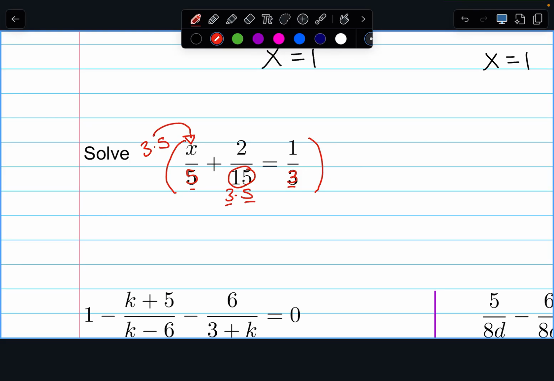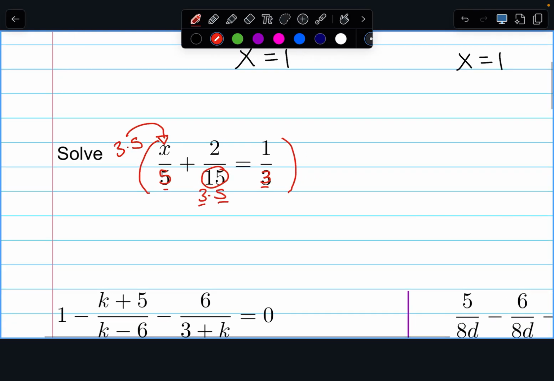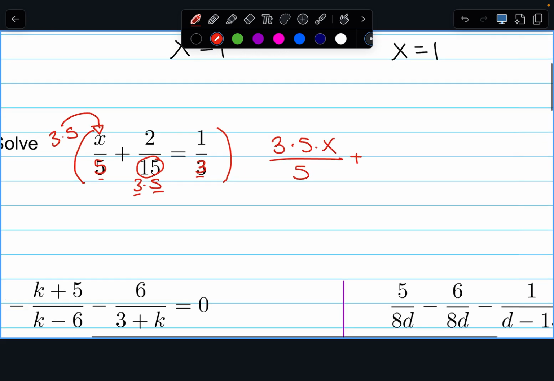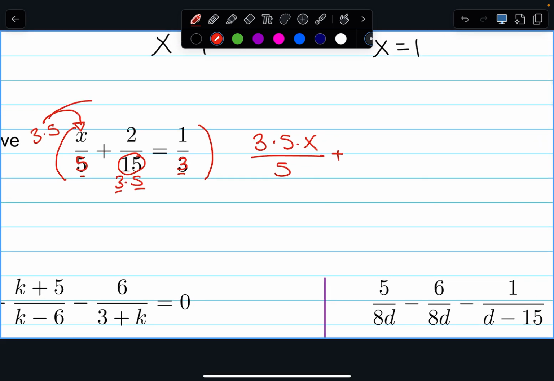Say we're going to multiply the first one. I'm actually going to write this out so you can see it. I have 3 times 5 times x over 5, plus, multiplying the second one, 2 times 3 times 5 over 15, simplified to 3 and 5. Then multiply the last one, so equals 1 times 3 times 5 over 3.